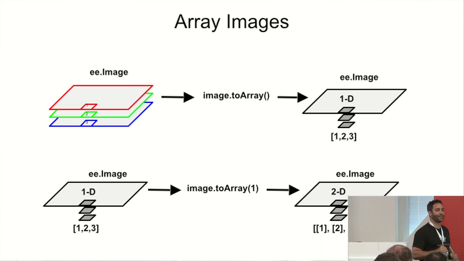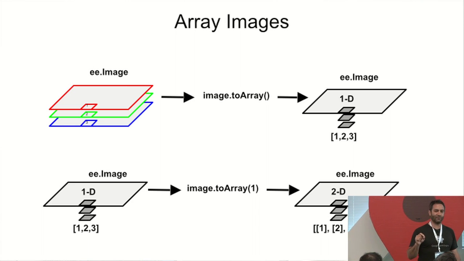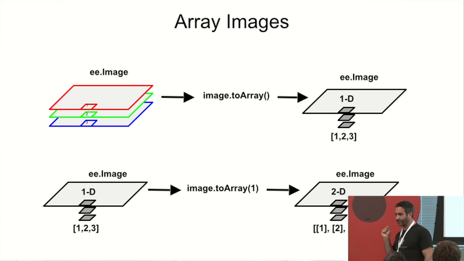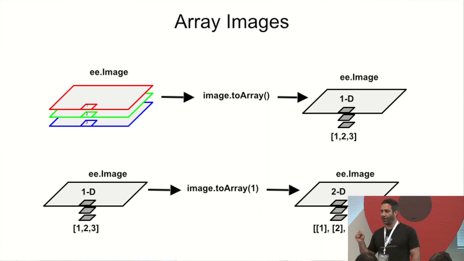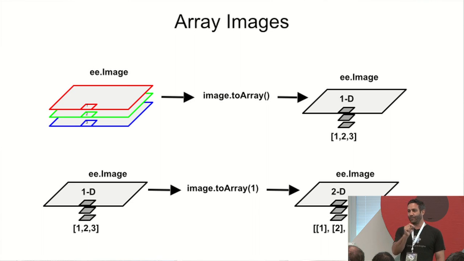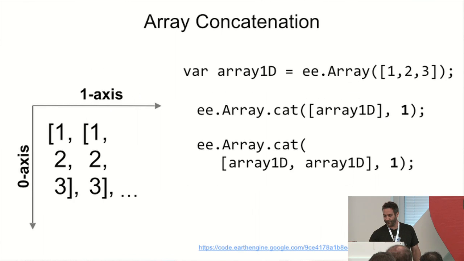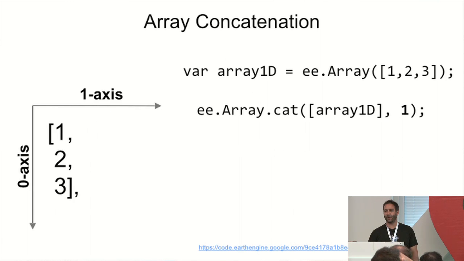toArray1. Calling toArray1 on an image in which each pixel stores a vector is like calling cat in each pixel of that image. So remember this trick that we did, catting it with itself to increase the dimension?